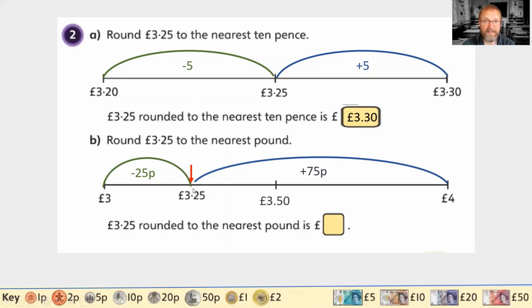Well, I think you can see it's much closer to round down to £3. We just need to take away 25 pence to round down to £3. We would have to add 75 pence to round up to £4. So £3.25 rounded to the nearest pound is £3.